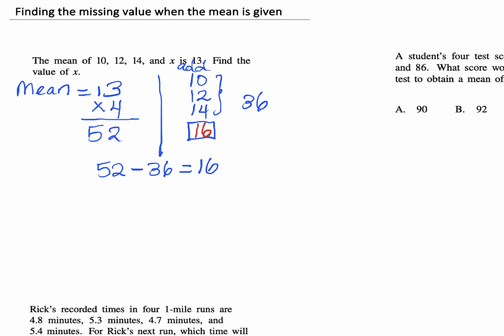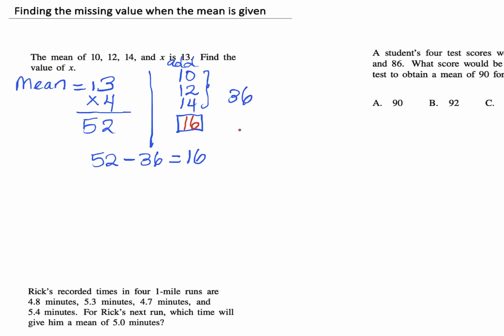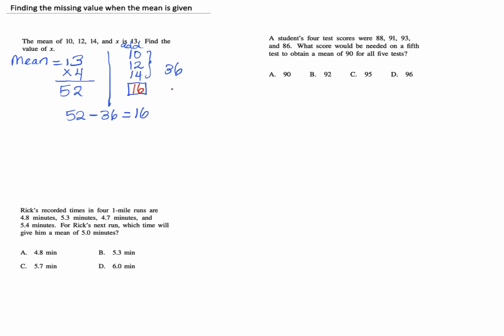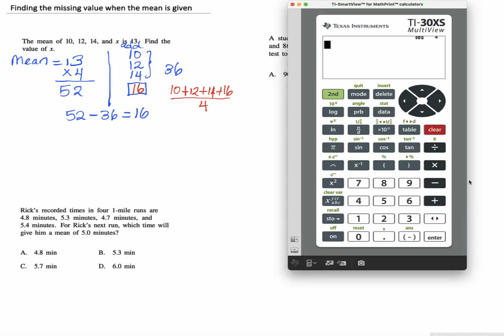Now, if you want to check this out, we can. If you take 10, add 12, add 14, and add 16, and then divide by 4, we should get 13. So let's get our calculator here.